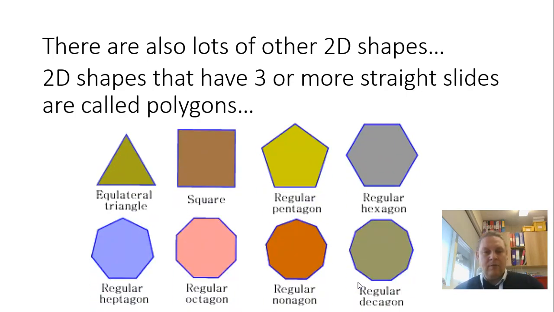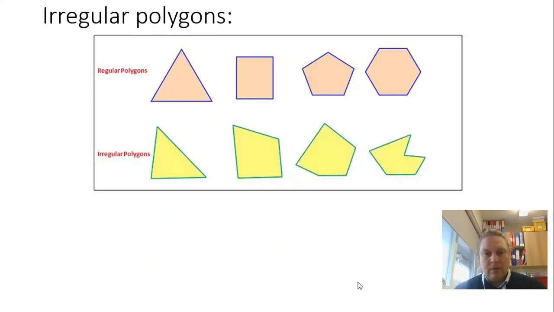Here are some examples of polygons. On the left we've got an equilateral triangle, a square, and a regular pentagon. You're probably familiar with a lot of these now. A regular hexagon, a regular octagon. Right, so irregular polygons. We've got our regular polygons along the top there.